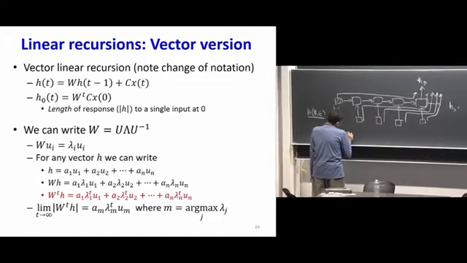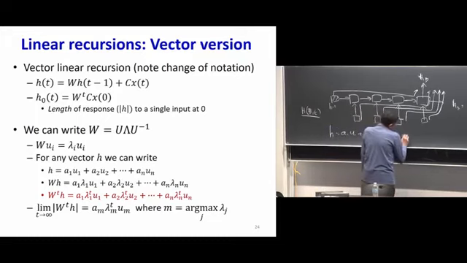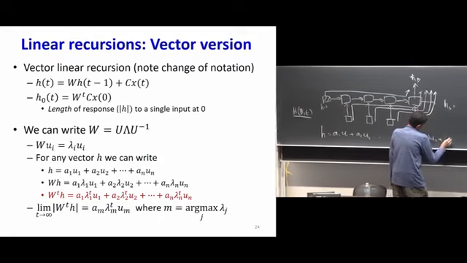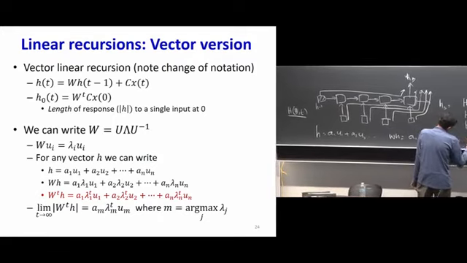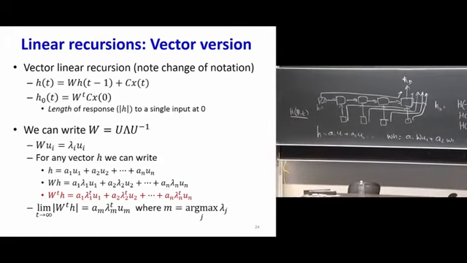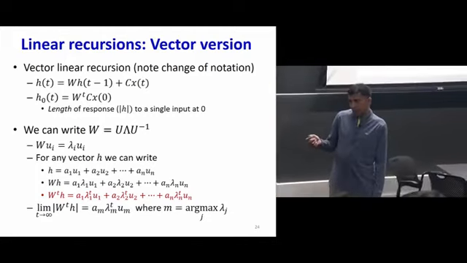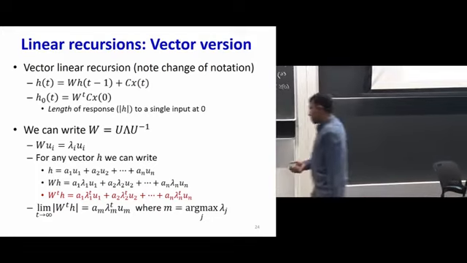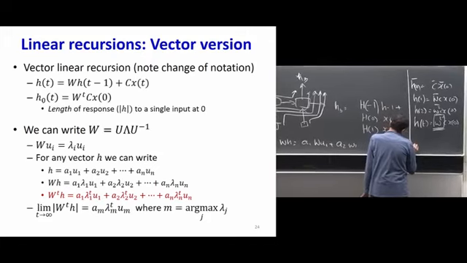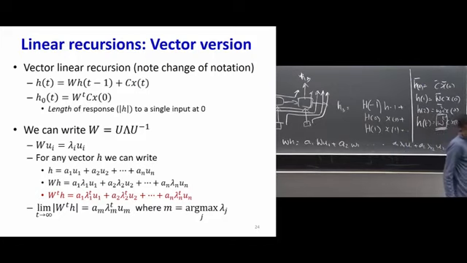If h is a1 u1 plus a2 u2 and so on, W times h is a1 times Wu1 plus a2 times Wu2 and so on. And what is W times u1? By the eigen decomposition, it's just lambda 1 times u1. So this is a1 lambda 1 u1 plus a2 lambda 2 u2 and so on.